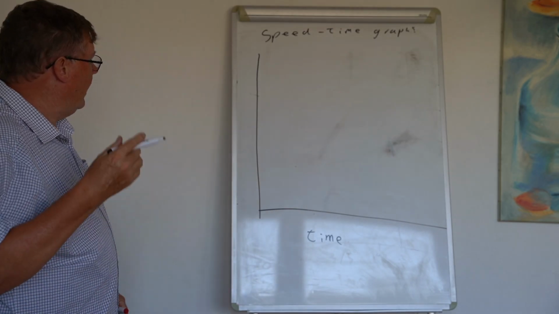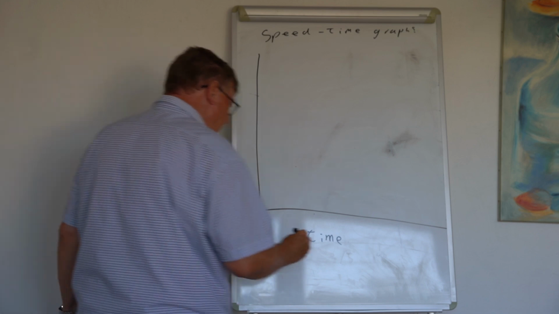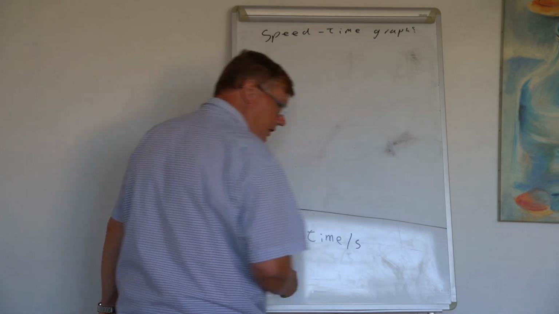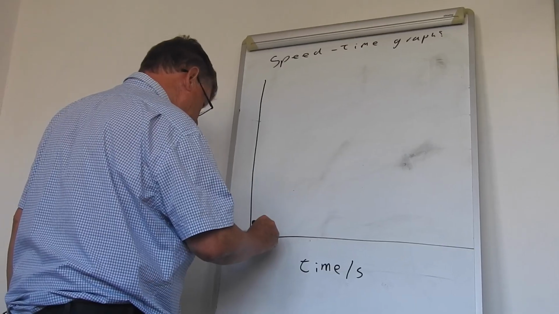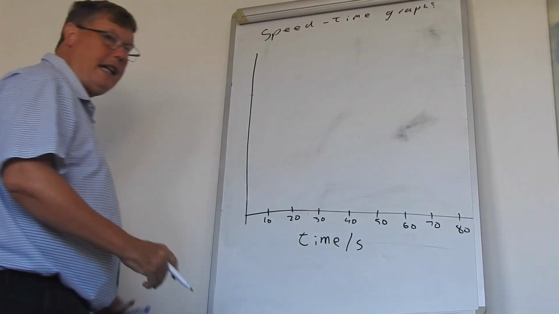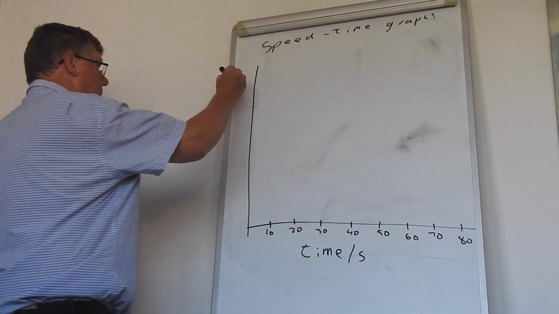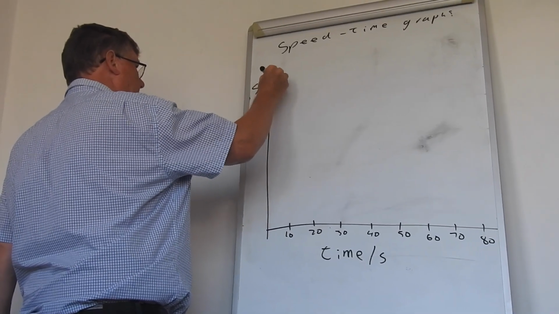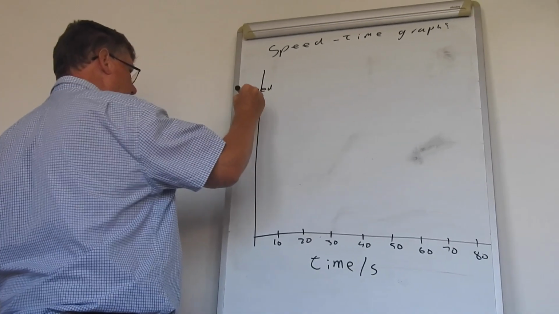Okay, so let's do another speed time graph. Here's time in seconds. And 10. I'll try to make it half decent today. A train. I'll do speed out here. It's the speed of a train, and it's in meters per second.